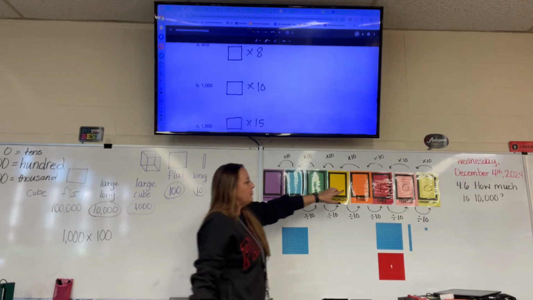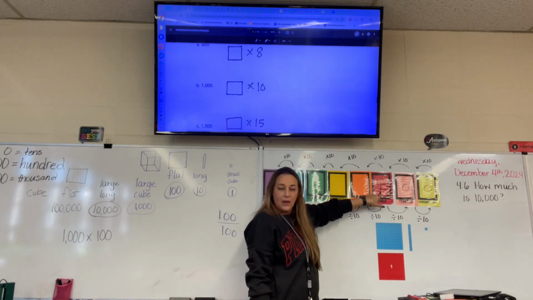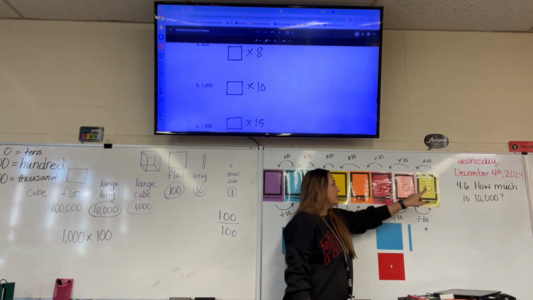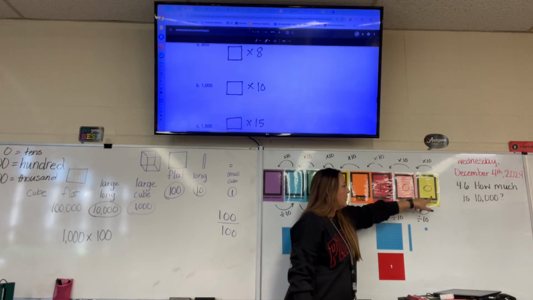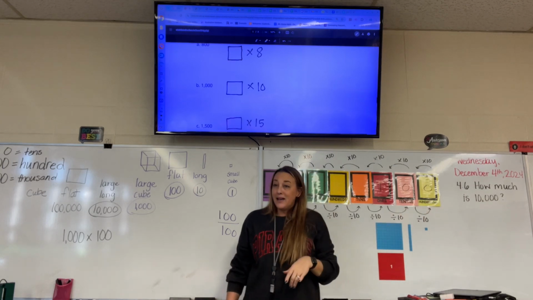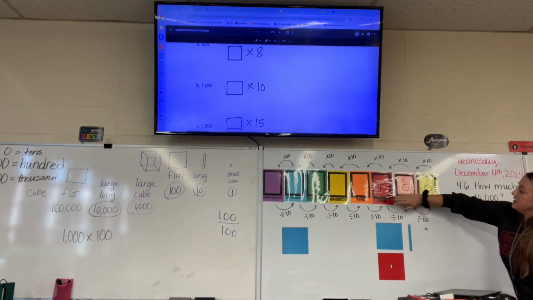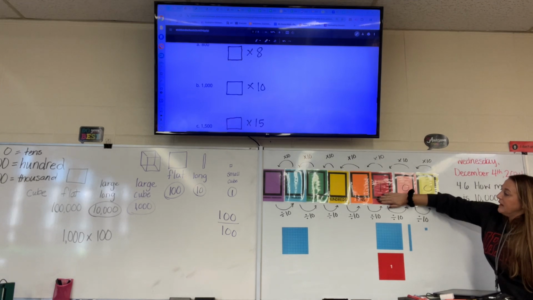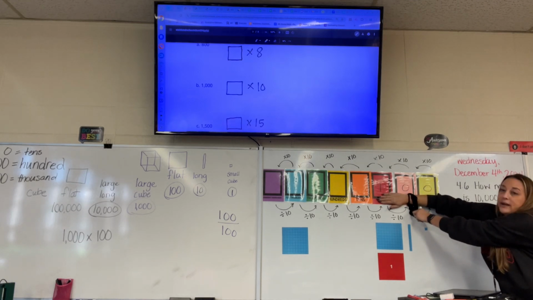So I have showed you before that we could write 1 here and then a double 0 to say 1 and 0 hundredths. But watch. We can also just ignore the decimal and look at that number. What number is that? 100.